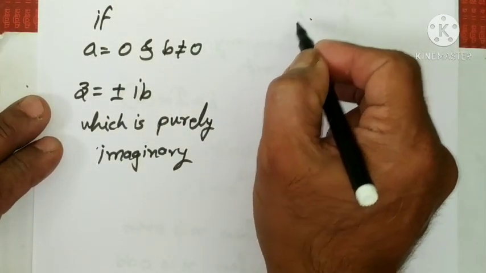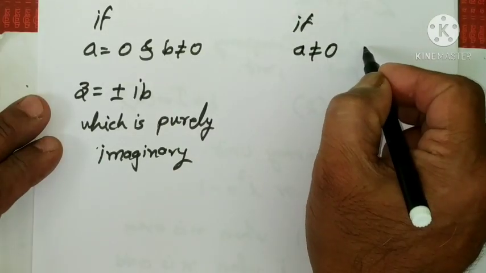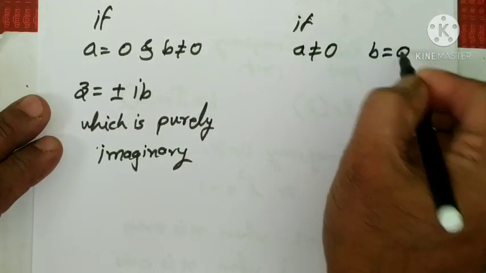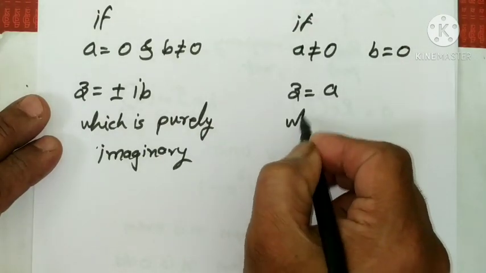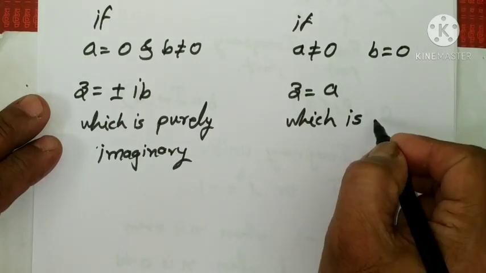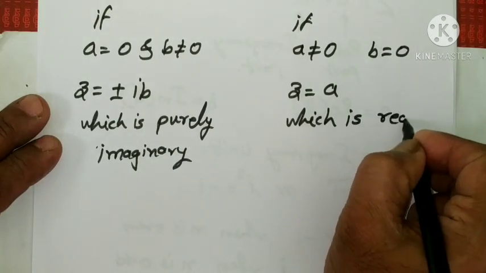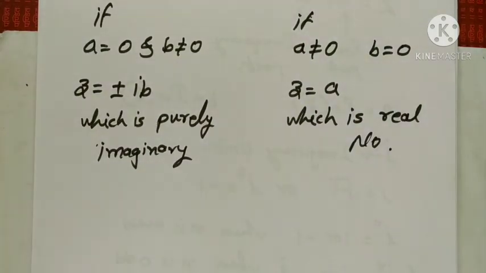And if a not equal to 0 and b is equal to 0, then Z is equal to a, so the complex number is purely real.